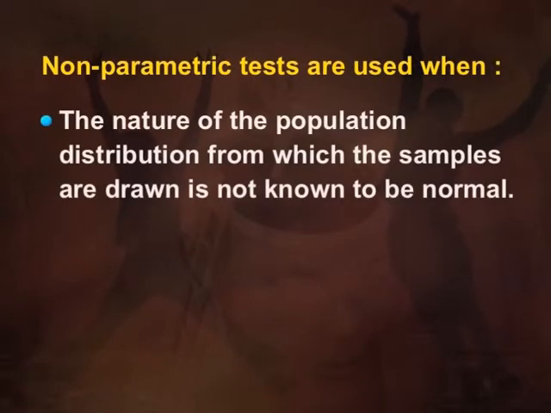The word non-parametric means that they do not rely on assumptions about the underlying population parameters as is required by the parametric tests. Non-parametric tests have less power than parametric tests. Non-parametric tests are used when the nature of the population distribution from which the samples are drawn is not known to be normal.